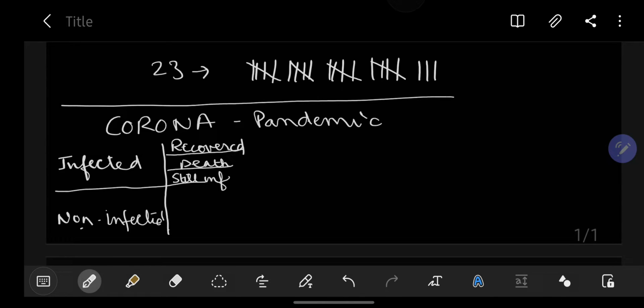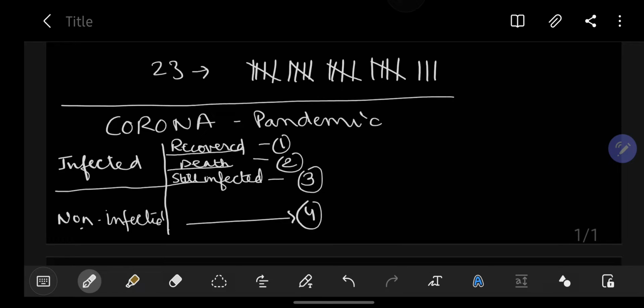So we got a total of 4 different variables: 1, 2, 3, 4. Or in non-infected, you can even divide it further, there are many possibilities. I'll just end this here. So we can say there are 4 types of different categorical variables, and we need to find these to have a better statistical analysis in your area.